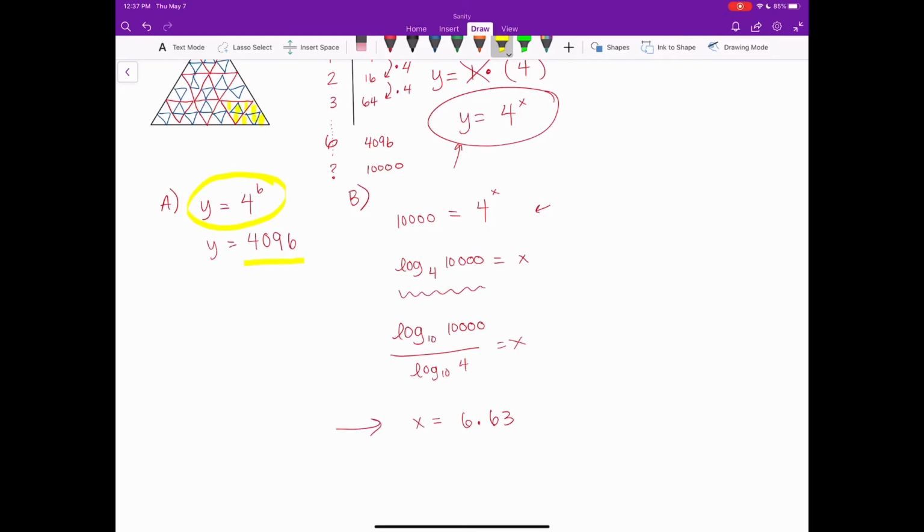So technically if I round this up to 7, if I multiply 4,096 times one more 4, you get 16,384. And 16,000 is indeed greater than 10,000. Yeah, 16,000 is greater than 10,000, so that checks out, right? I'd have to do a little bit more than 6 in order to reach 10,000 smaller triangles.